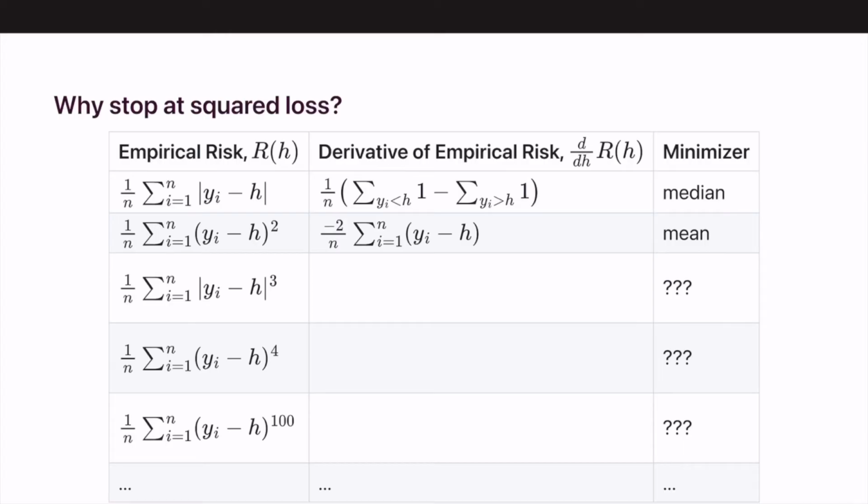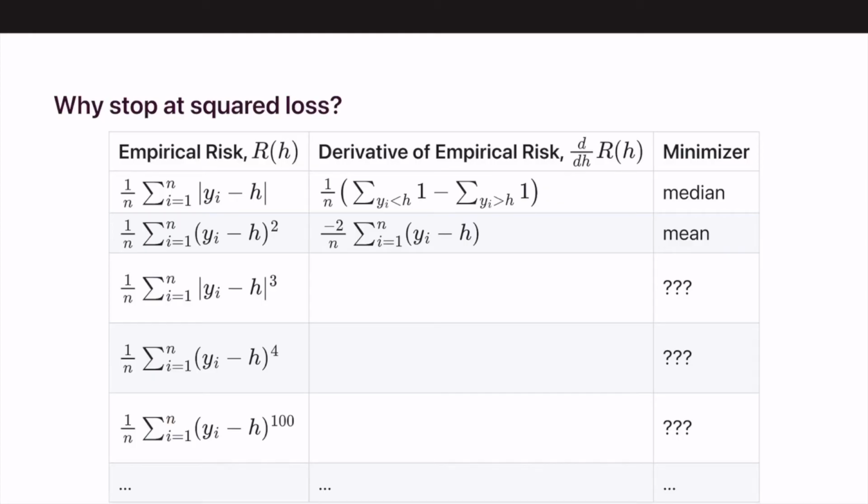But really, this is what we've been doing, and this begs the question of why stop at squared loss? Why don't we go on and do more, to the third, to the fourth, the 100th? What's really stopping us?